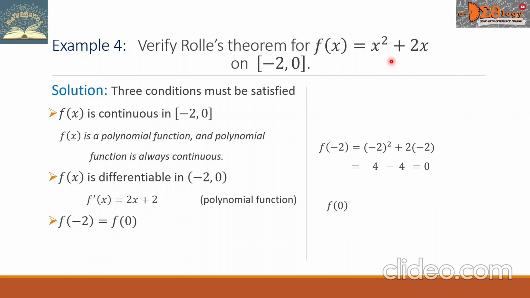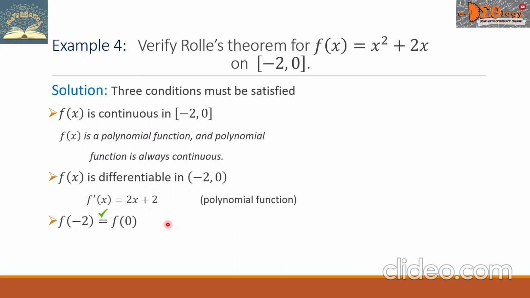With a given function here, now it becomes 0 square plus 2 times 0. 0 square is simply 0. 2 times 0 is 0. So 0 plus 0 is 0. F of 0 equals 0. F of -2 equals 0. That means the f of -2 is equal to f of 0. So, this is satisfied. Now we can see that the three conditions are satisfied.